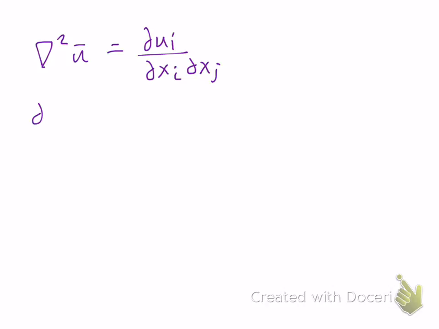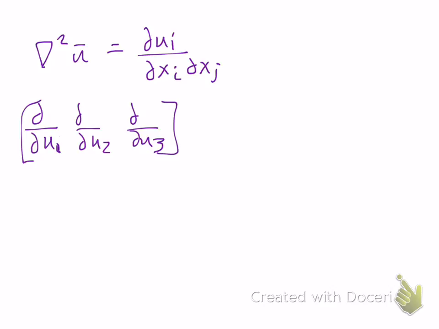So this is du1, du2, du3, and we have two of those plus the ui.